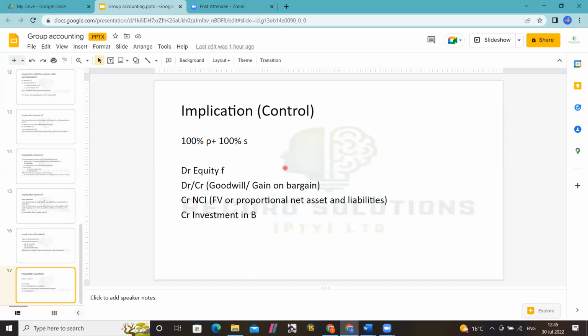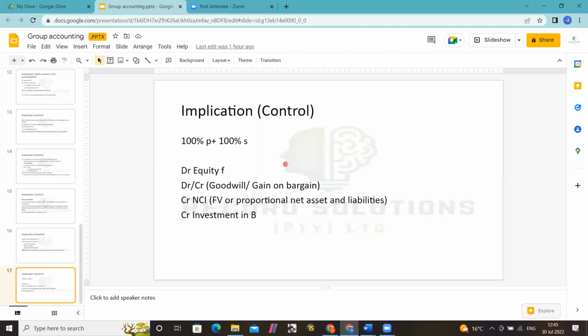So what's it going to eliminate firstly? You're going to eliminate all of the equity of the subsidiary. All of it. Why? At acquisition, all of the equity of the subsidiary, what are we going to do?